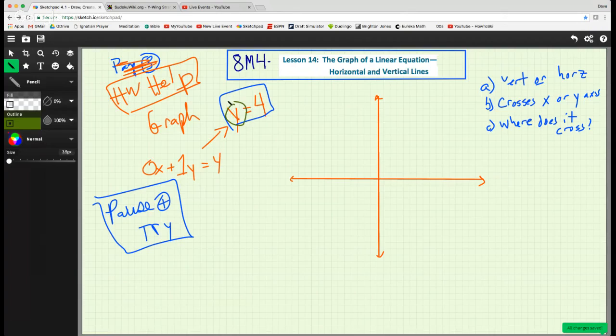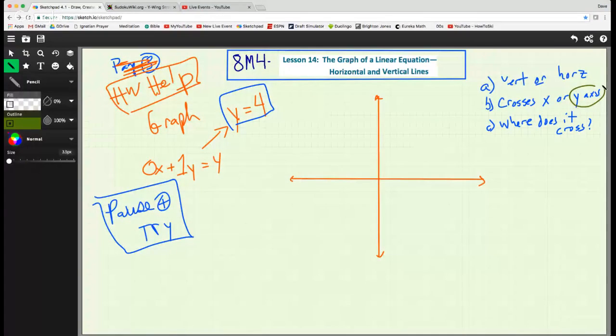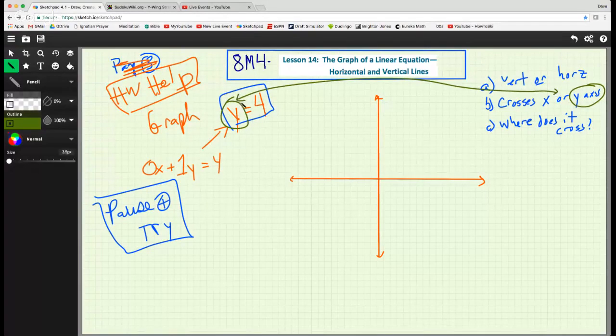So because it's y equals 4, I know that it crosses the y axis. Okay, so that's the first key. Now, the second thing is, where does it cross? Because I know it crosses the y axis, I know that it crosses it at 4. So we're here on the y axis, and we're going to go 1, 2, 3, 4. So it crosses here at 0, 4.